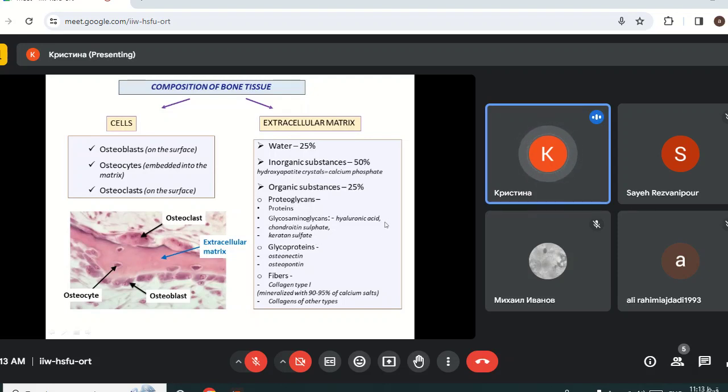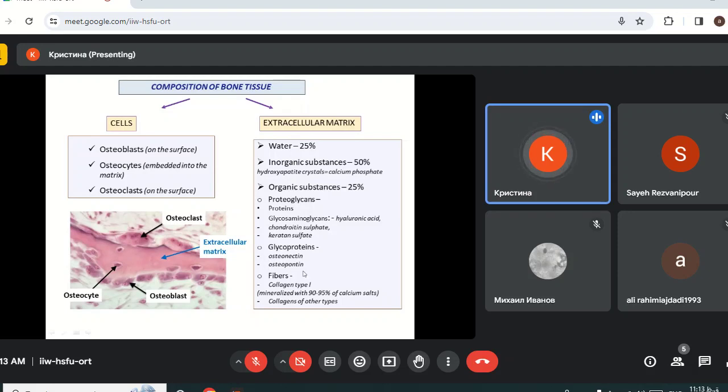These are the substances that are also present in other types of internal environment, such as fibrous connective tissues and cartilage tissues. Glycoproteins are adhesion proteins for binding components of extracellular matrix together.